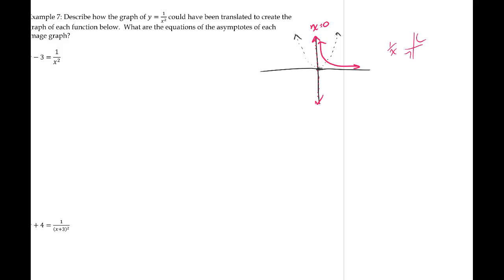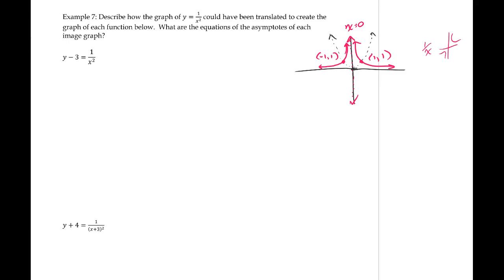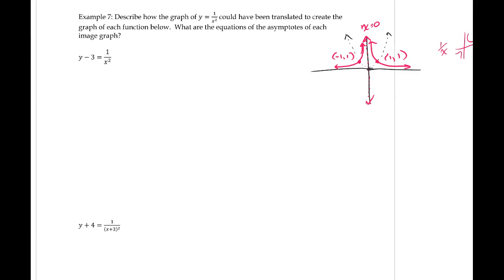Okay, on that side, and it would look the same on this side. It would be symmetrical, just like my parent function, that x squared function. And these points where it hits would be, again, those critical points, negative 1, 1, and 1, 1. And they don't change, because 1 divided by 1 is still 1, even when it's squared.